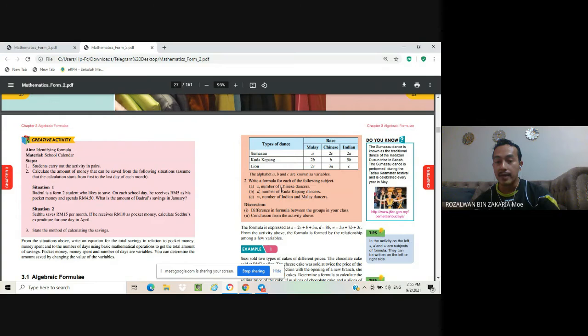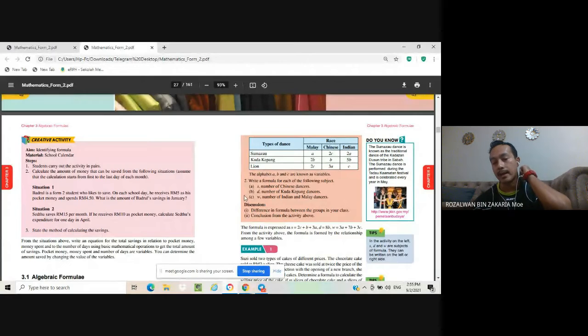So the number of Chinese dancers, you can write S equal to 2C plus B plus 3A. Okay, the formula is expressed as S equal to 2C plus B plus 3A. All right, this is the answer for 2A here.